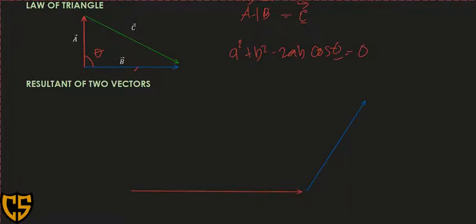So that is already one of the ways in order to find the value of the resultant of two vectors.